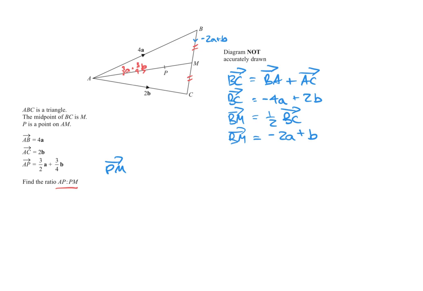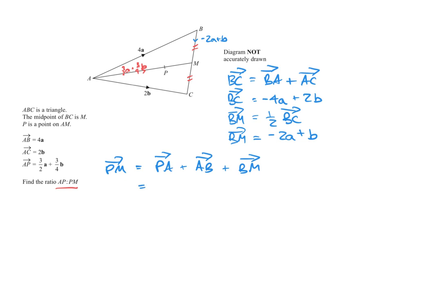So P to M is equal to the journey of P to A, followed by the journey of A to B, followed by the journey of B to M. Now I know all of those three vectors, so I can write an expression for this.